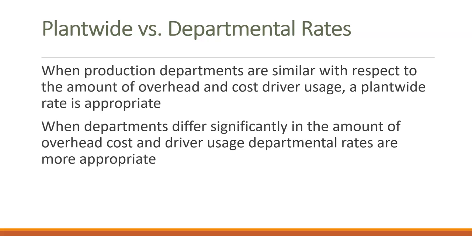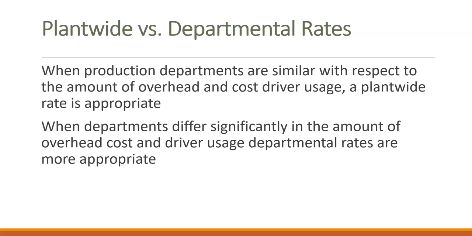We can have a plant-wide rate, which is a single rate, or departmental rates. Departmental rates give us multiple rates. So when departments differ significantly in the amount of overhead costs, departmental rates are more appropriate.